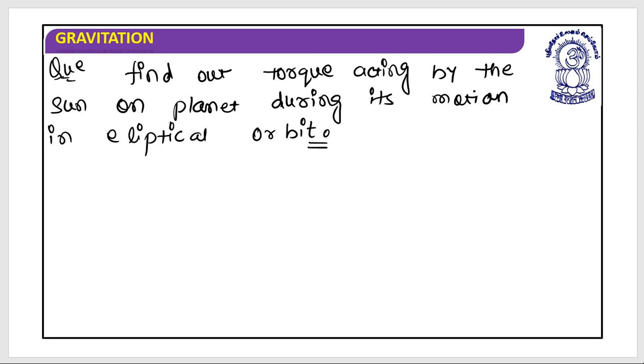So we need to find out the torque acting by the sun on the planet during its motion in elliptical orbit.